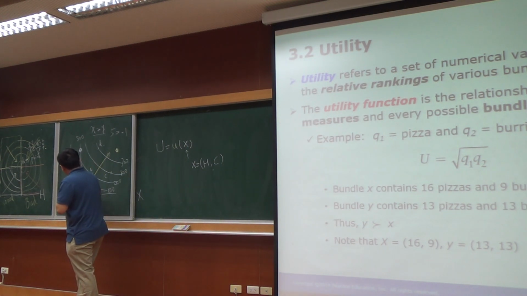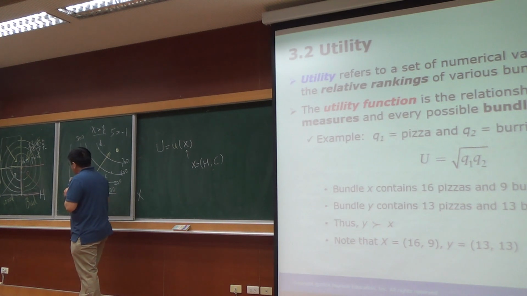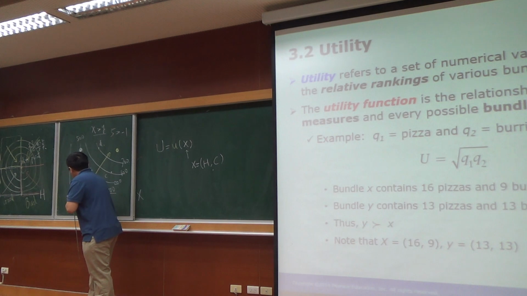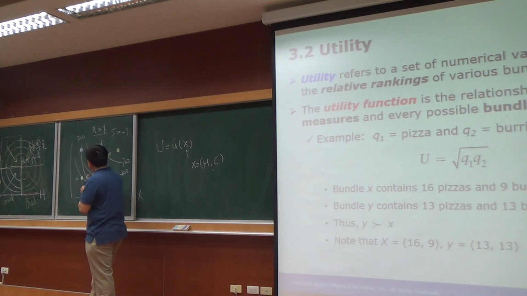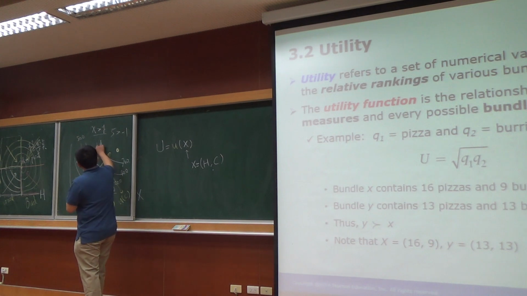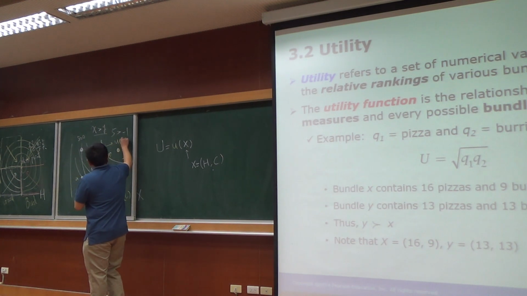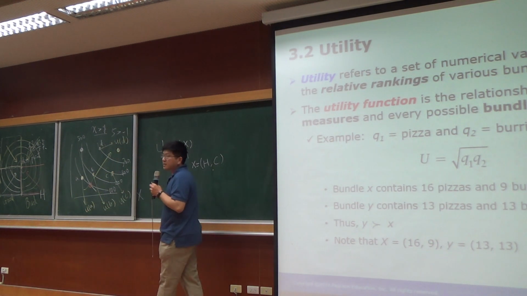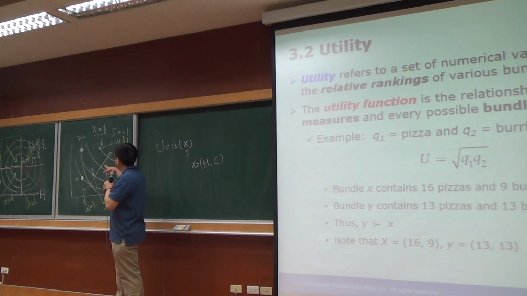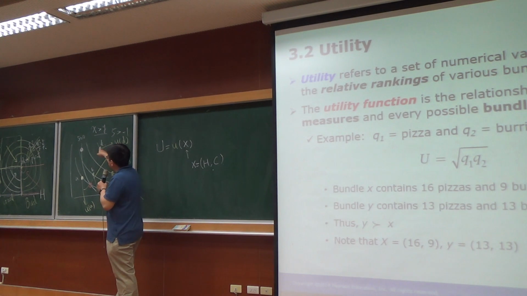Using the utility function, we may have U of A, U of B, U of C, and U of D. We have the utility level of each point.